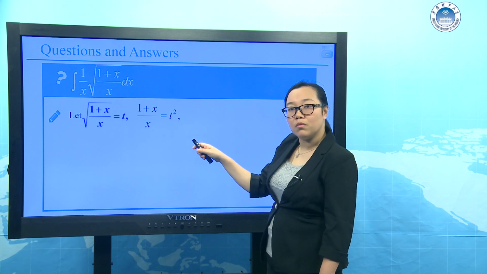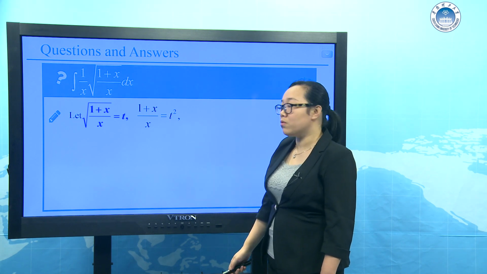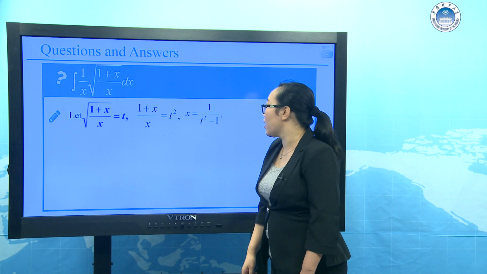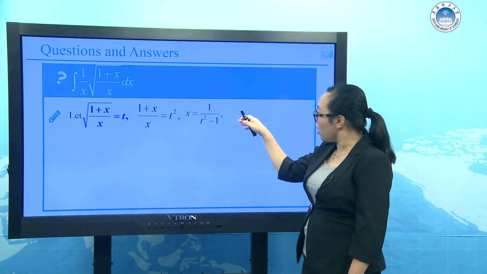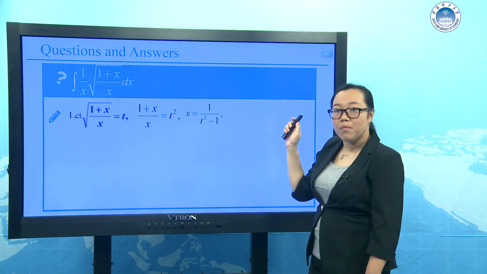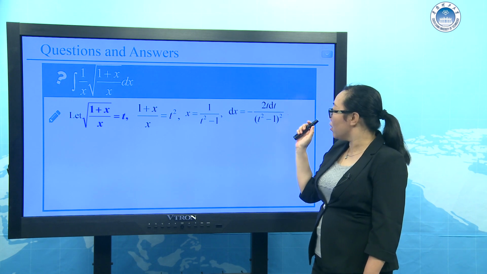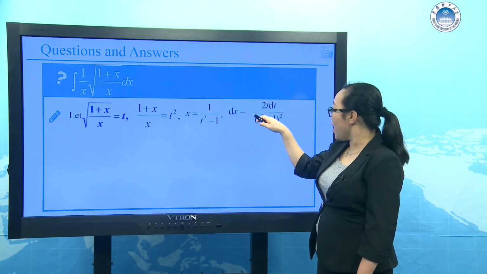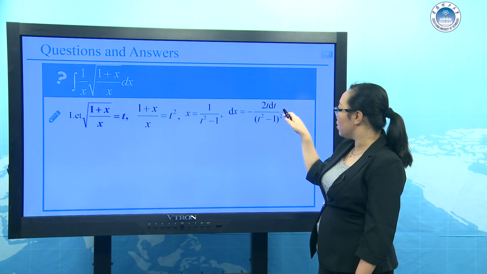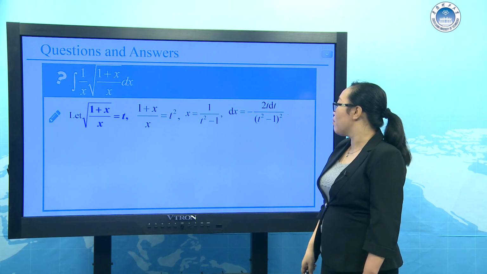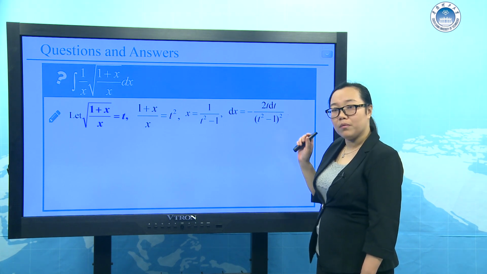Do the same computation on both sides. So we can get x equals 1 over (t squared minus 1), and dx equals minus 2t dt over (t squared minus 1) squared.